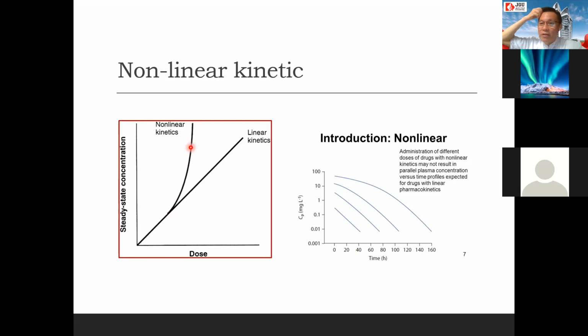Theoretically, at a low dose they are linear, but at a higher dose they become non-linear. That one you can accept. If you see this graph, if it is low dose, it is linear, but if it is higher dose, it becomes non-linear.